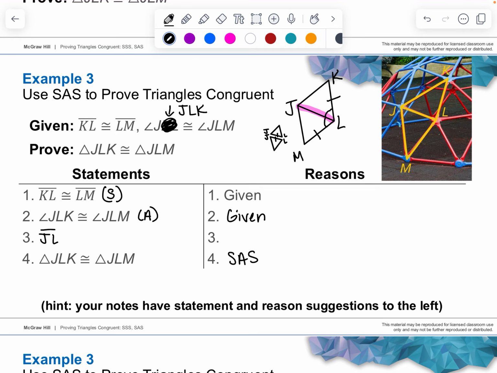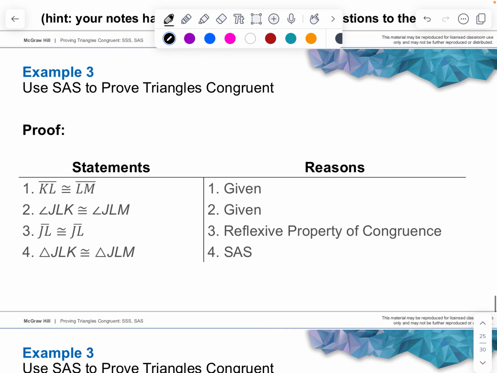We need to say JL is congruent to JL. And that's another side. And that is our reflexive property. And now we've got side angle side. There we go. Put that down there.